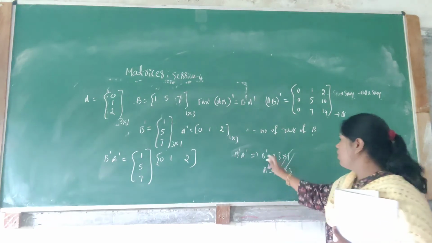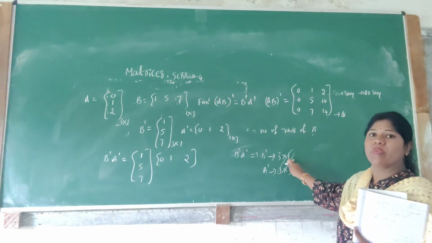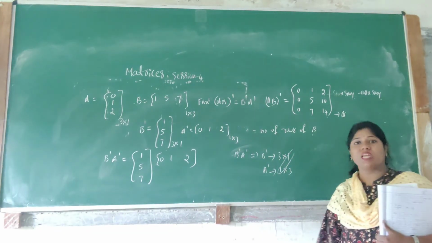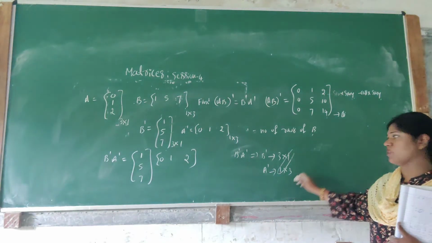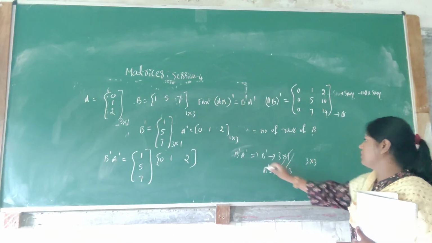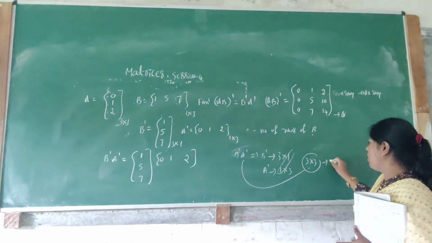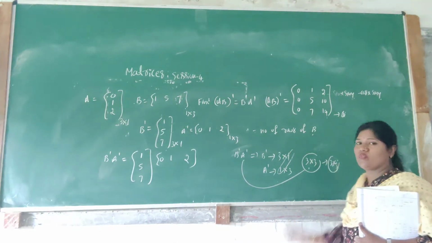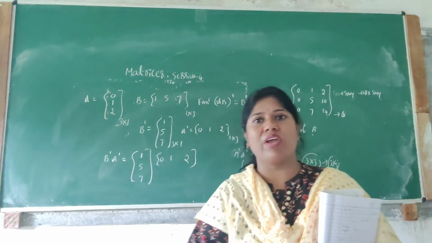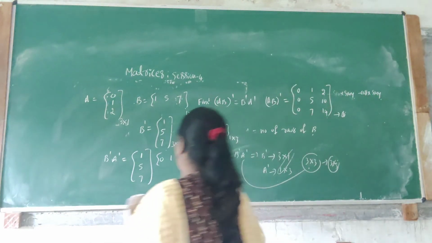So the number of columns of the first matrix is equal to the number of rows of the second, and then only B'A' is defined. So it is of order 3 cross 3. A square 3 cross 3 matrix only we have to get, otherwise the answer is wrong.